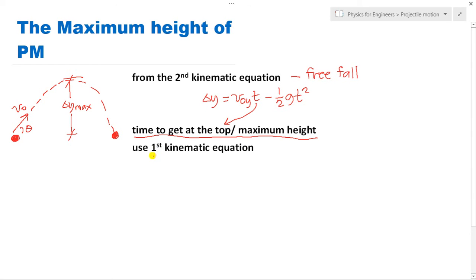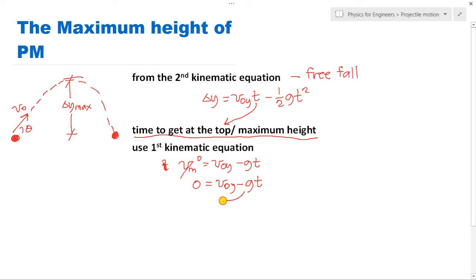So, as stated here, use the first kinematic equation. So, from the kinematic equation, we have the final velocity or velocity at the top, v_m, is equal to initial velocity, v naught y, minus g times t. Since the final velocity or the velocity at the top is 0, what's left is 0 equals v naught y minus gt.